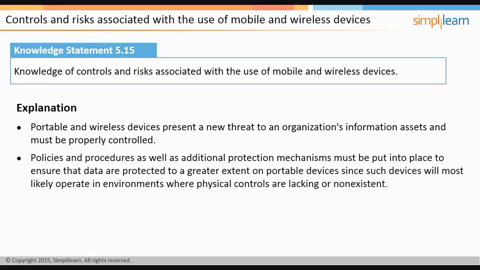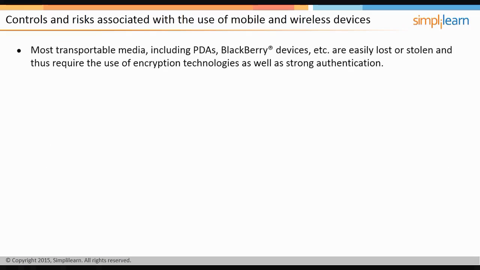Policies and procedures, as well as additional protection mechanisms, must be put into place to ensure that data are protected to a greater extent on portable devices, since such devices will most likely operate in environments where physical controls are lacking or non-existent. Most transportable media, including PDAs, BlackBerry devices, etc., are easily lost or stolen, and thus require the use of encryption technologies as well as strong authentication.